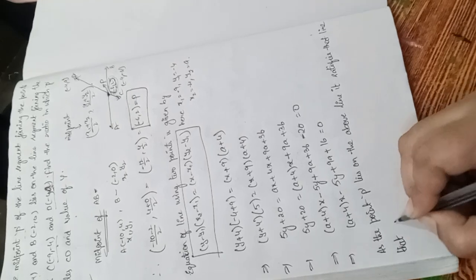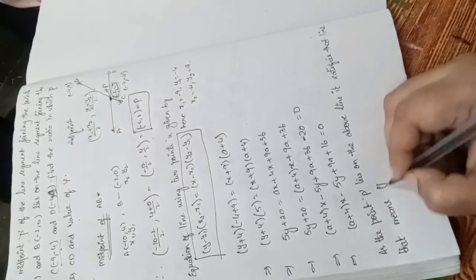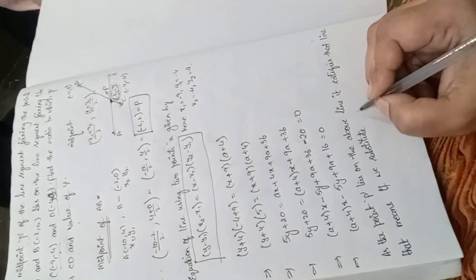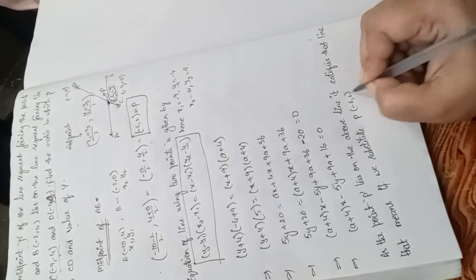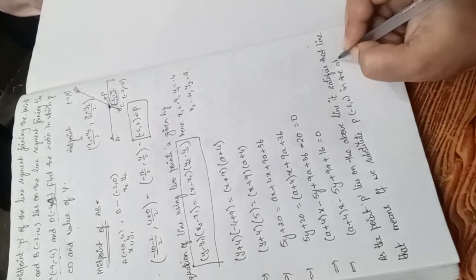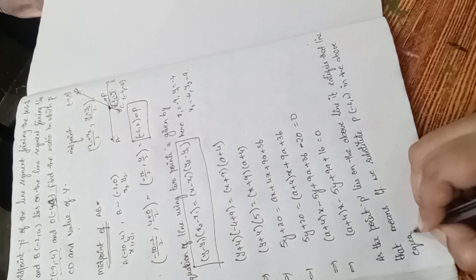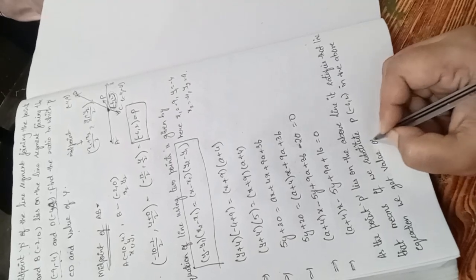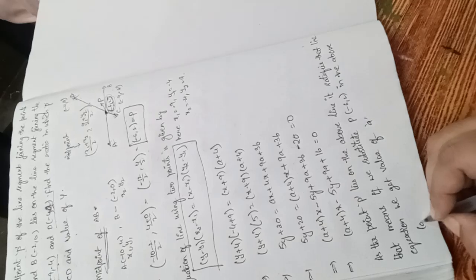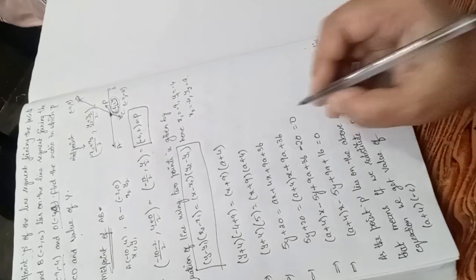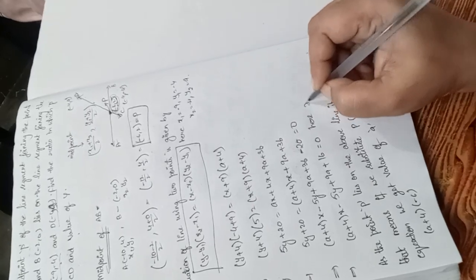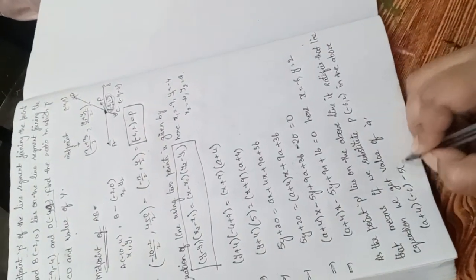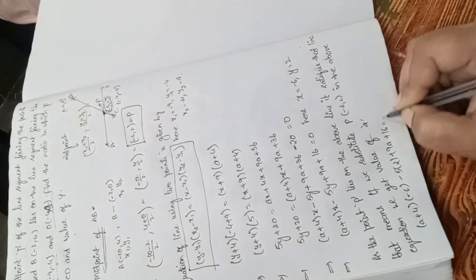That means if we substitute P (-6, 2) in the above equation, we get the value of A. So (A plus 4) into -6, here x equals -6, y equals 2, minus 5 into 2 plus 9A plus 16 equals 0.